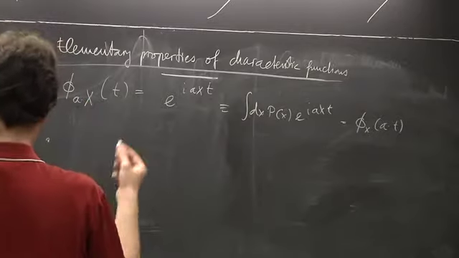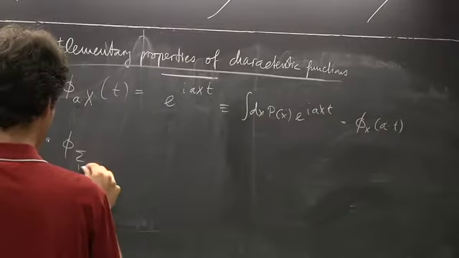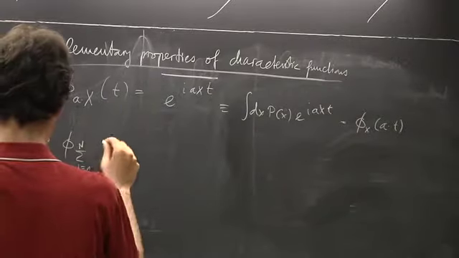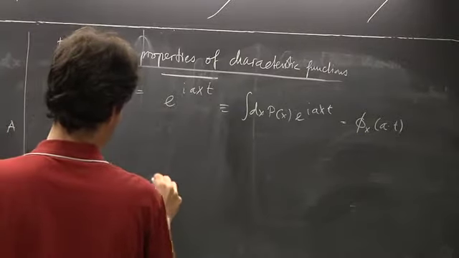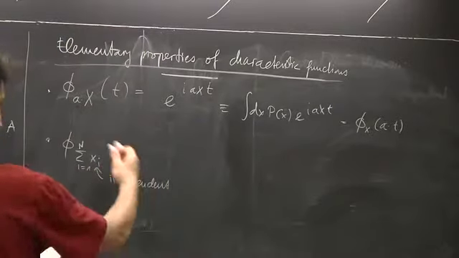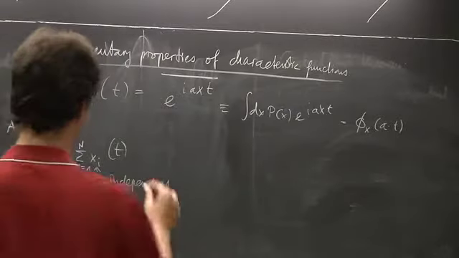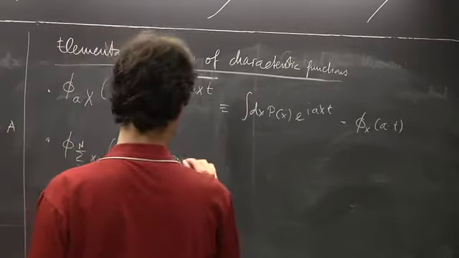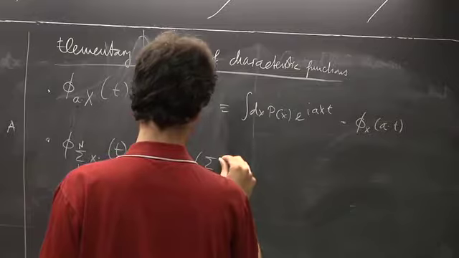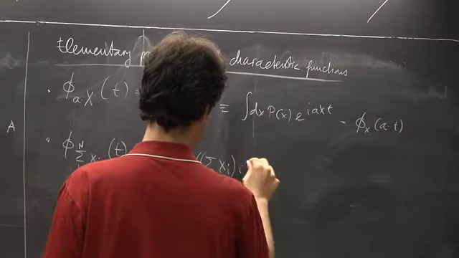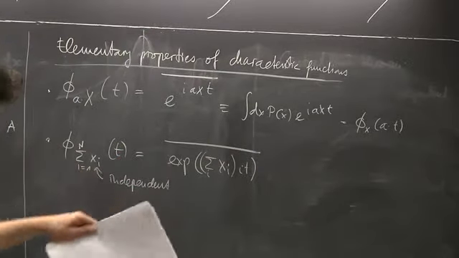Much more important, but still actually simple to prove, property is the following. If I take a sum of independent variables, and I want the characteristic function of this new random variable, which is the sum, at argument t, so by definition, again, this is the average of e to the i t times the sum of the x_i, averaged over all the probability distributions of these x_i's.